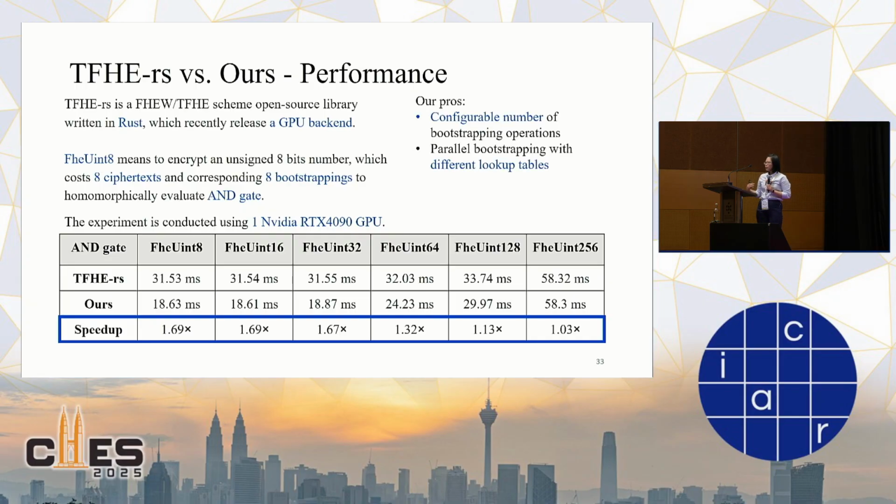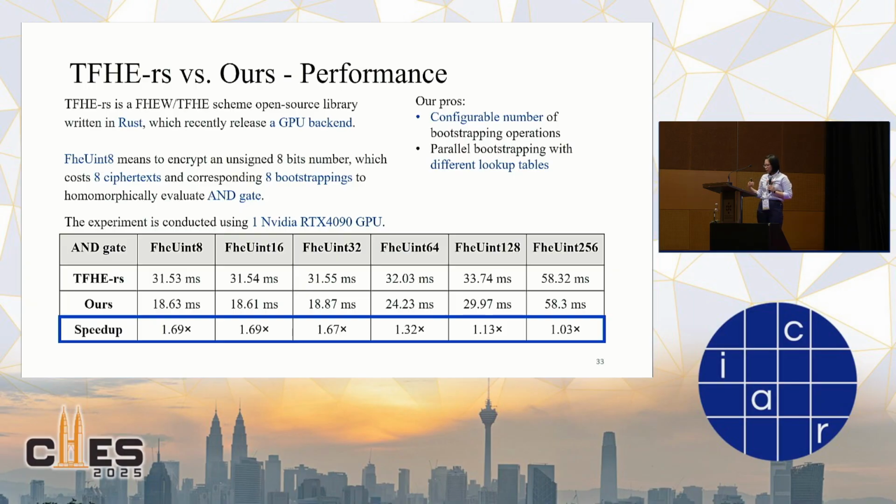Our method is more practical because we optimize the end-to-end implementation. It's capable of running any number of bootstrappings simultaneously. Each bootstrapping can use a different lookup table. This capability is especially useful for secure decision trees, where each node corresponds to a different lookup table.